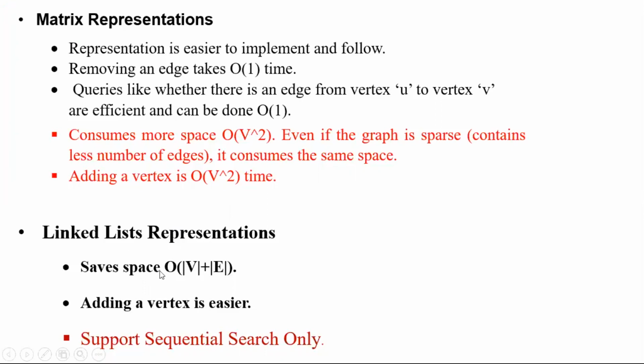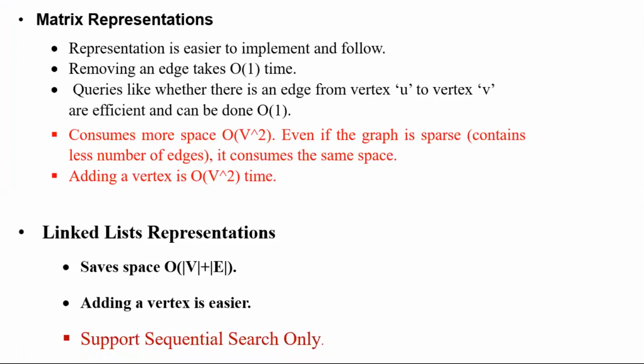But in the linked list representation, big O is just the number of vertices plus the number of edges. So using linked list representation, we save space.